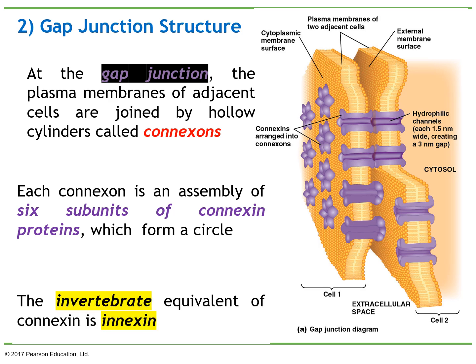They have annexin, and they don't have tight junctions; they have septate junctions with a similar function. So check this: invertebrates have annexin instead of connexin.